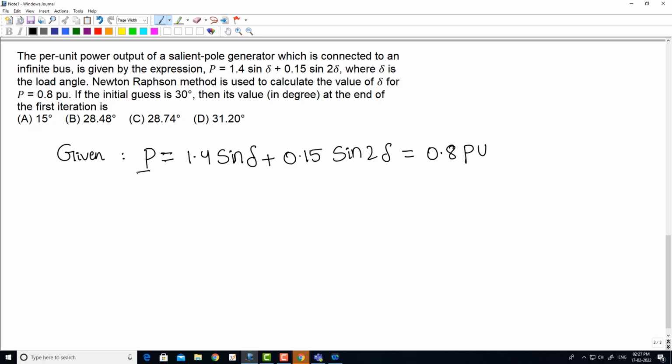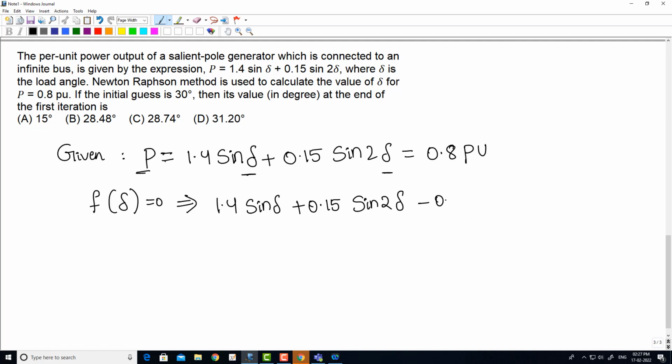So this P is expressed in terms of delta. So we can write this expression as f of delta is equal to 0, which means 1.4 sin delta plus 0.15 sin 2 delta minus 0.8 is equal to 0. This is f dash of delta.